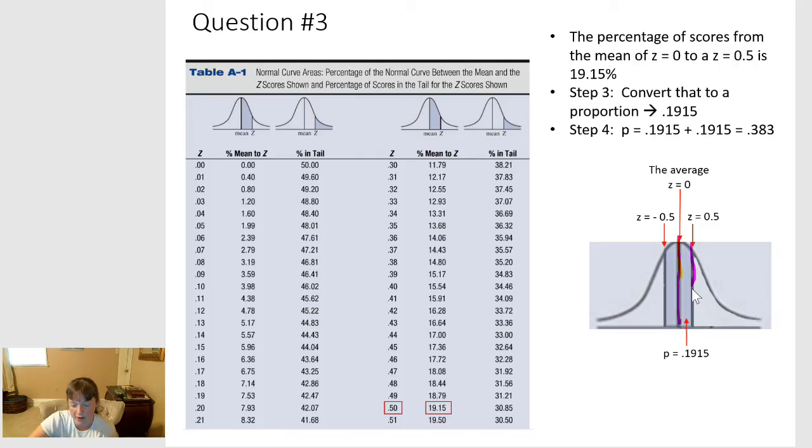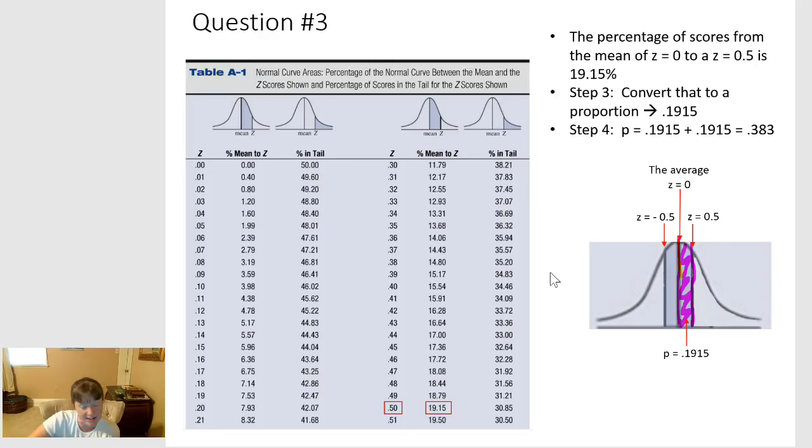Here is positive 0.5 over here. In here is a proportion of 0.1915. So it is true to say that the probability of being between the average of 0 and the z-score of 0.5 is 0.1915, because that's the proportion of this graph.